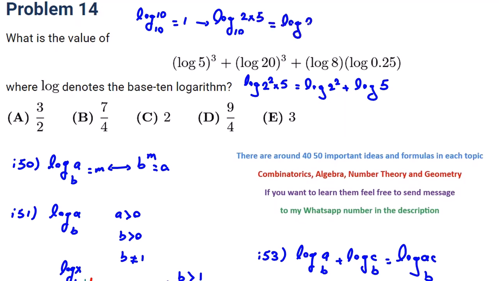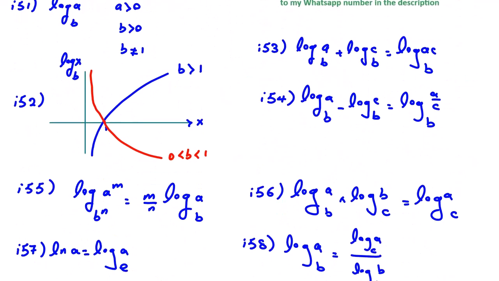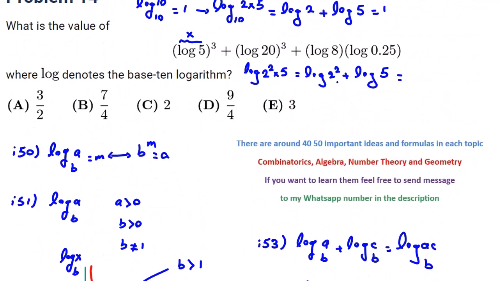It is equal to what? Log 2, let's ignore writing 10, plus log 5, it is equal to 1. So if we consider, for example, log 5 equals x, then log 2 equals 1 minus x, okay? So this one, it's what? If we use the power rule from idea 55, we can write it as 2 log 2 plus log 5, okay?